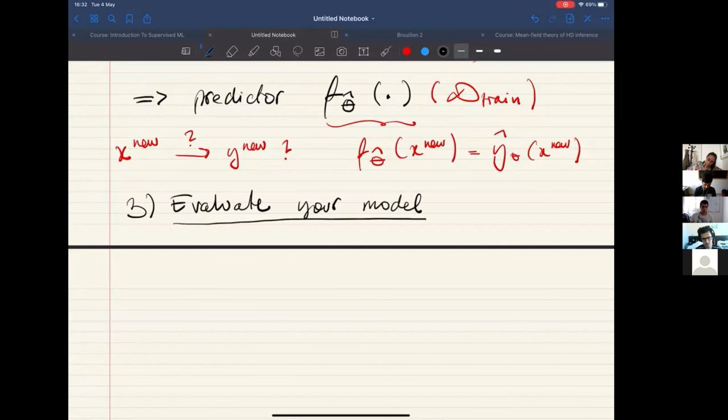Because now that we trained a model, that we obtained a predictor, a prediction function, how can we tell whether we did a good job? So is someone able to tell me what should I do to evaluate my model?